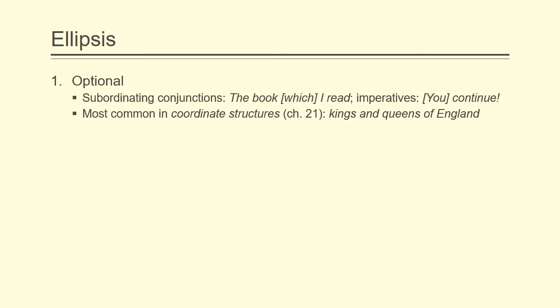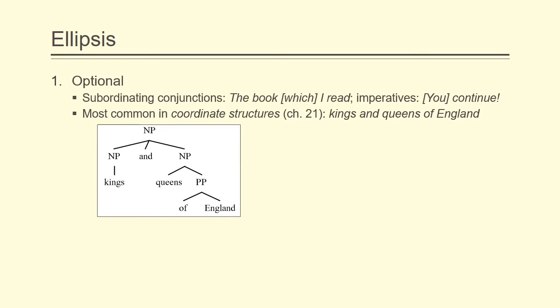So for example, if you consider an expression like kings and queens of England, so in something like kings and queens of England range from the 9th century until the present time. Now, initially, you might be tempted to construe, in terms of a phrase structure tree, this as NP and NP, where the coordinating conjunction and links up these two structures, these two conjuncts, into a coordinate noun phrase.